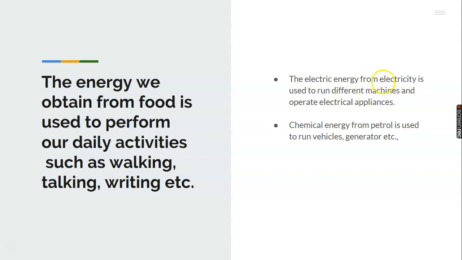The electric energy in the electricity helps you to run different machines in your house. Same thing with the second one, chemical energy from petrol, okay, is used to run vehicles, generators, and whatever machine you can think of that uses petrol.